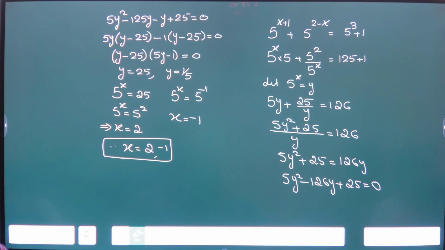A girl standing on the roof of a 20-meter high building finds the angle of elevation of the same bird to be 45 degree.